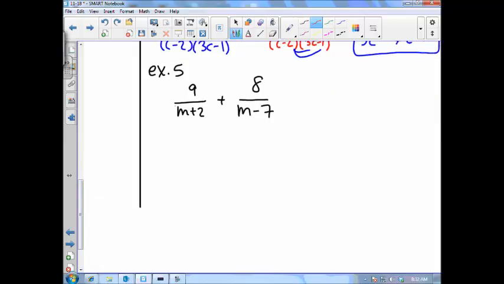Alright, so I'm going to put parentheses around my binomials, and then you can tell me what you learned from your neighbor. Okay, who can explain it?